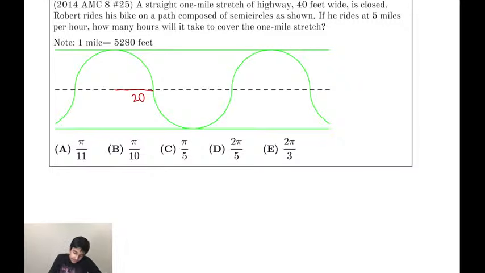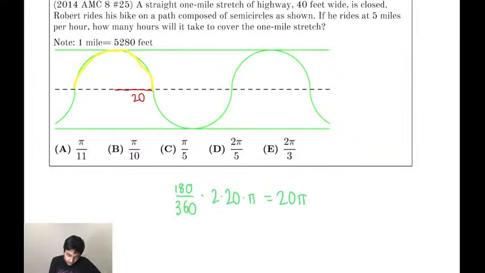So then the length of the semicircle arc is just going to be 180 over 360 times 2 pi r, so times 2 times 20 times pi. And this is just going to be 1/2 times 40 pi, or 20 pi. So the length of this arc here is going to be equal to 20 pi.